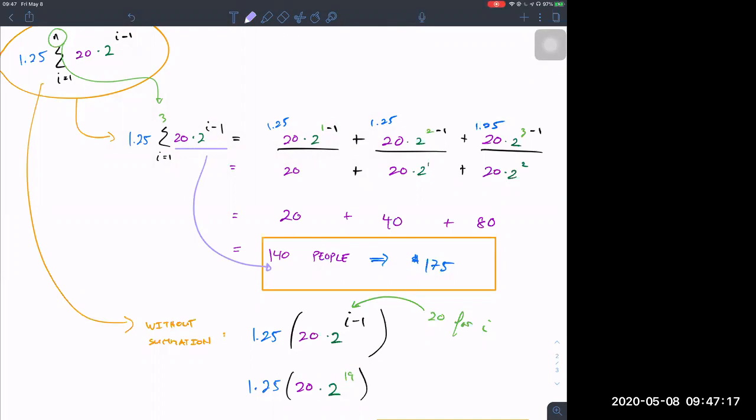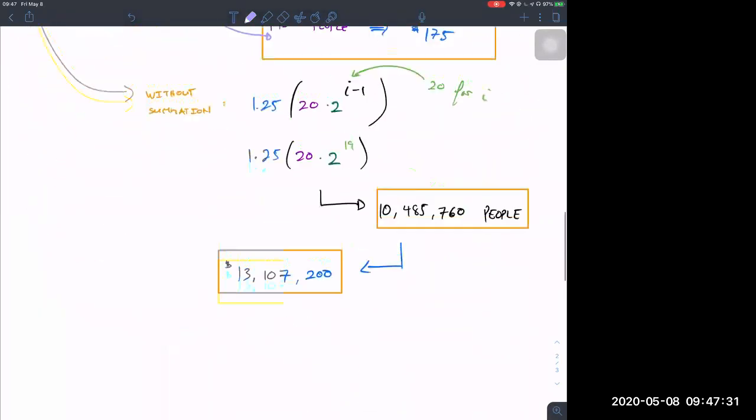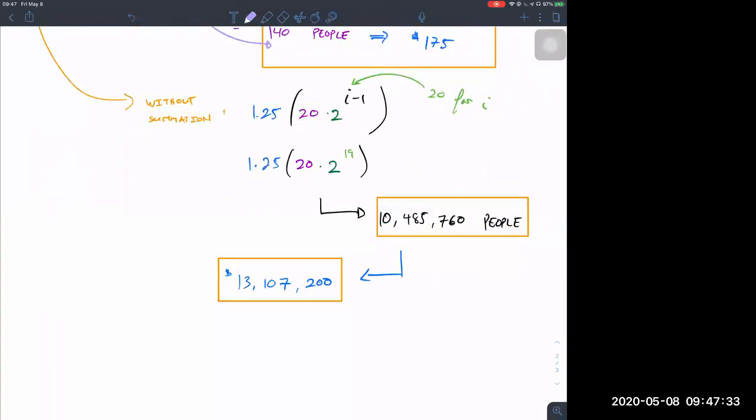But if you end up doing what I wrote here at the very top, 1.25 on each portion, that is correct. You will get 175. It's just that you won't get the 140. Here it's a little more straightforward with the second part because it's only a single number, so it's one and done. There's only one calculation, and then it's done.